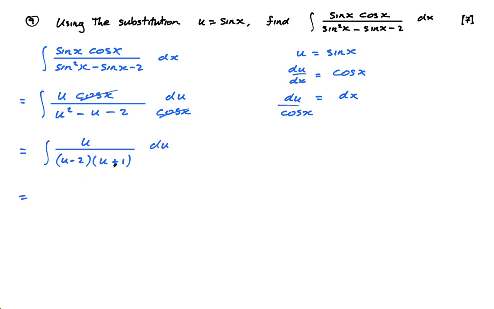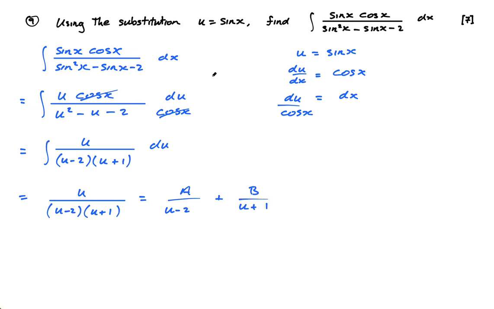But we know that u over u minus 2 times u plus 1 can be written as a over u minus 2 plus b over u plus 1. This is partial fractions.